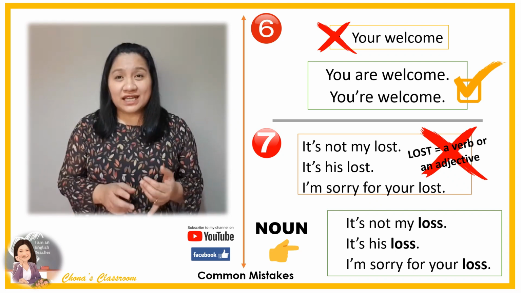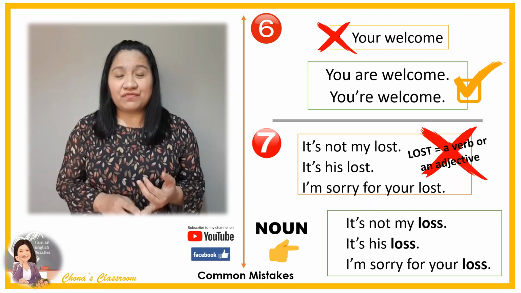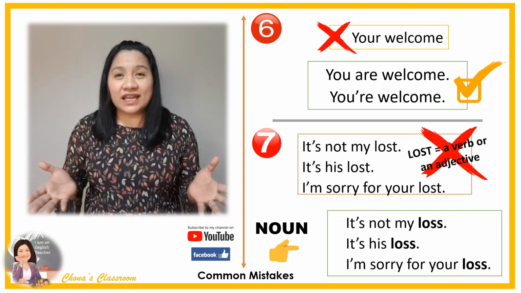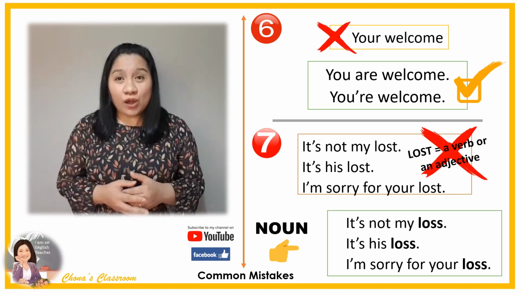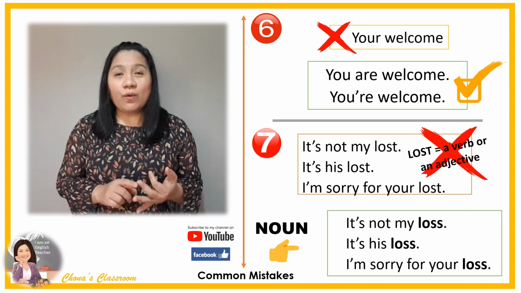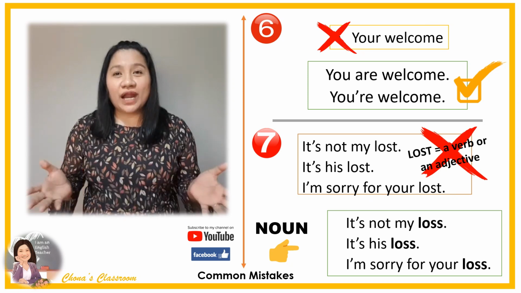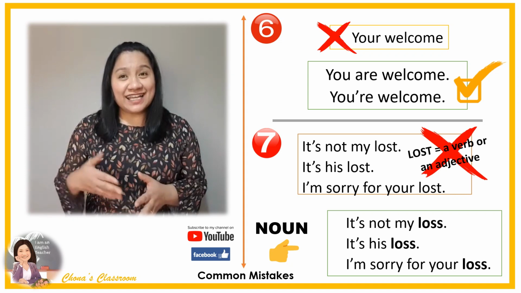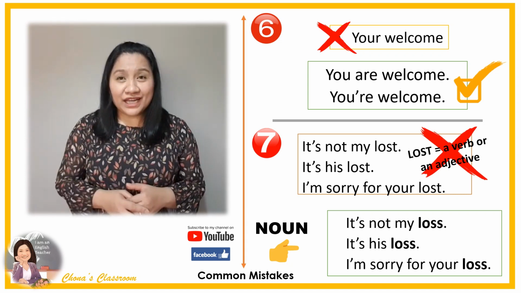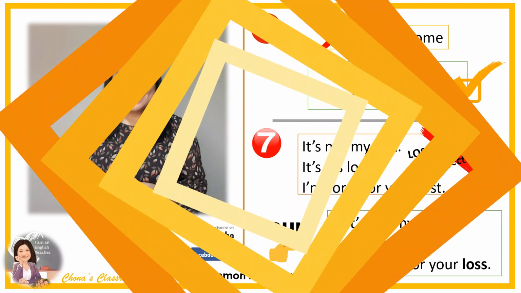Lost is an adjective and a verb form. So what is the noun form of lost? The noun form is loss, L-O-S-S. So the correct forms are, it's not my loss. It is his loss. I am sorry for your loss.